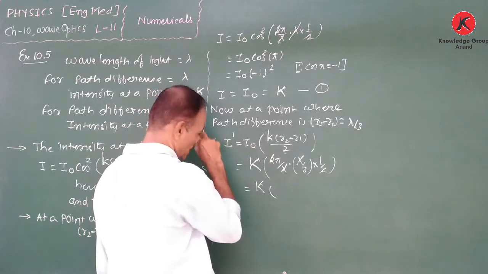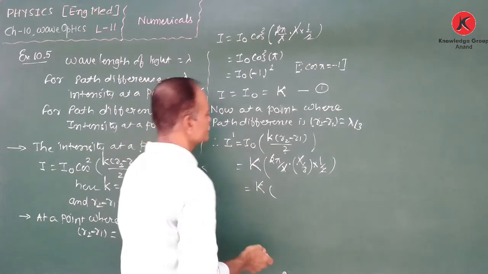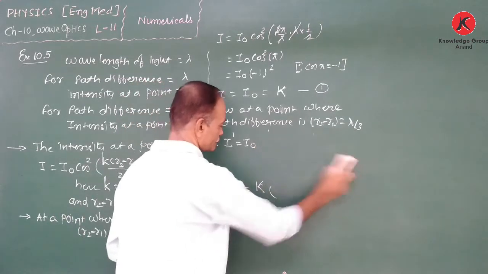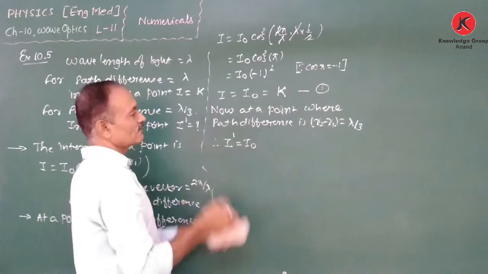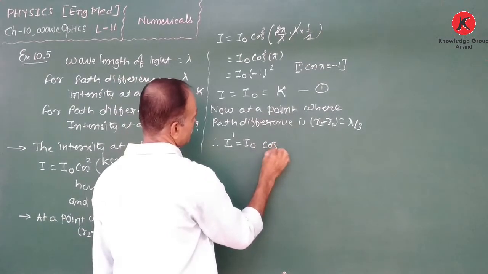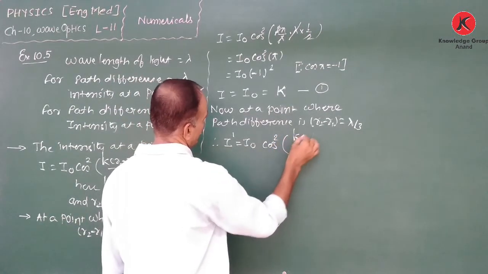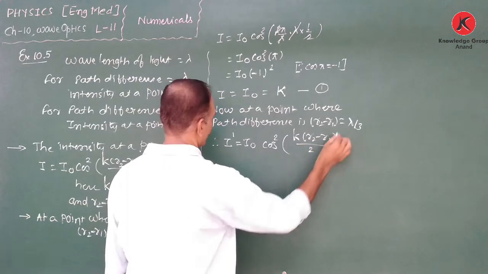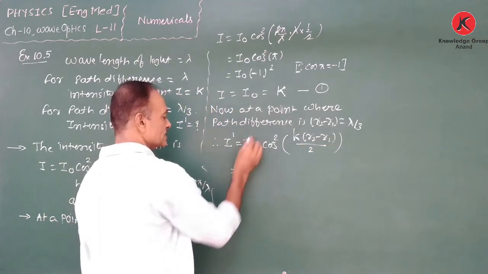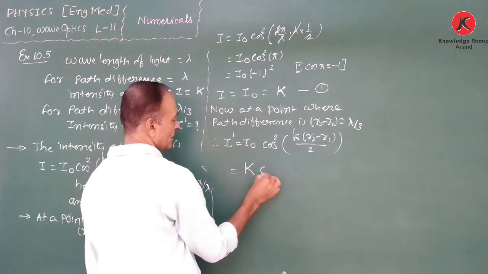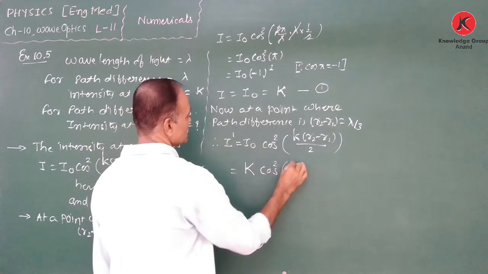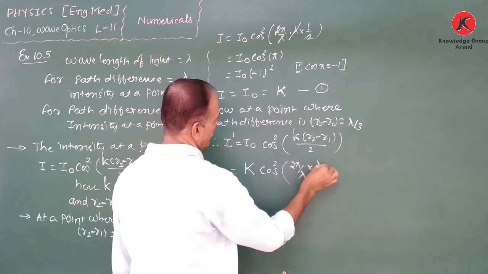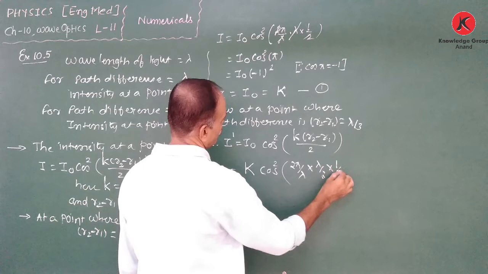Therefore I dash is equal to I0 cos square of k into r2 minus r1 upon 2. We substitute the value I0 as K, capital K, cos square. Here k is equal to 2 pi upon lambda, path difference lambda by 3, into 1 by 2.